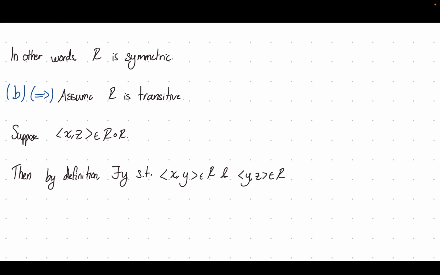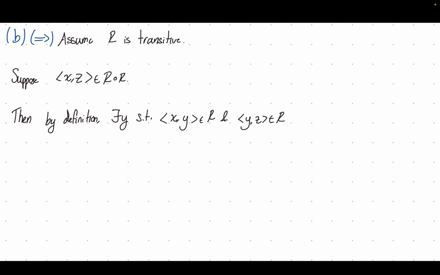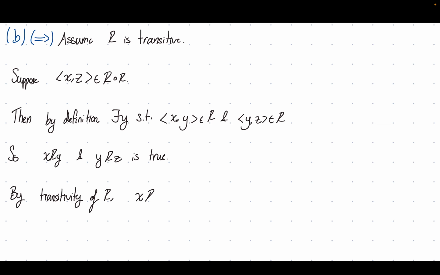So, let's just write in the other notation, X R Y is true and Y R Z is true. And then by transitivity of R, which we just assumed, X R Z must also be true.